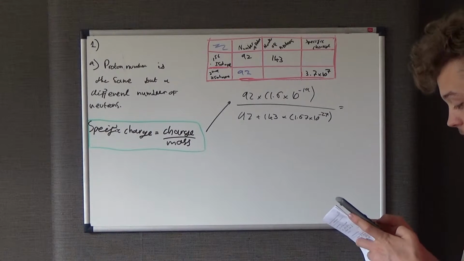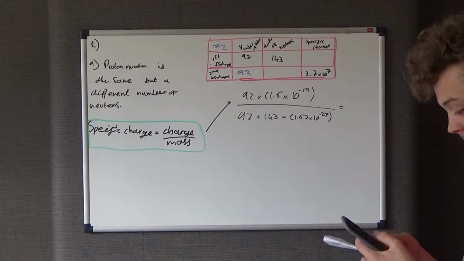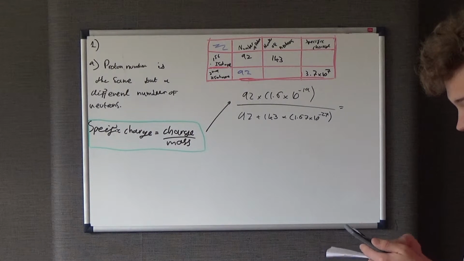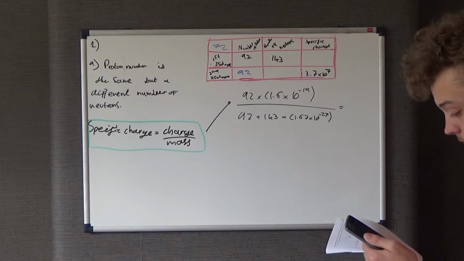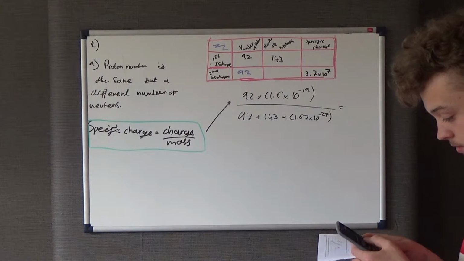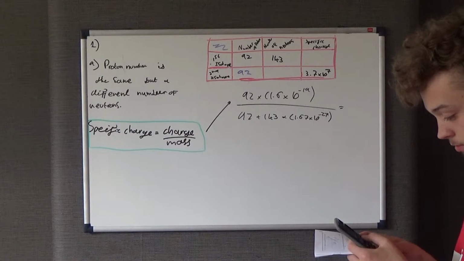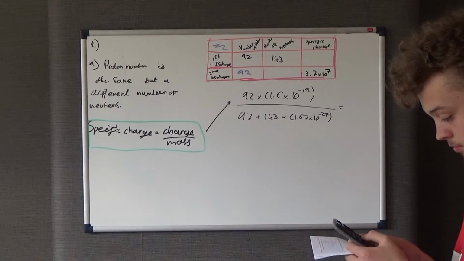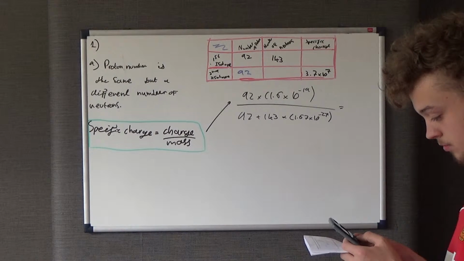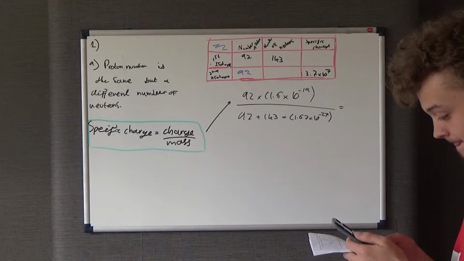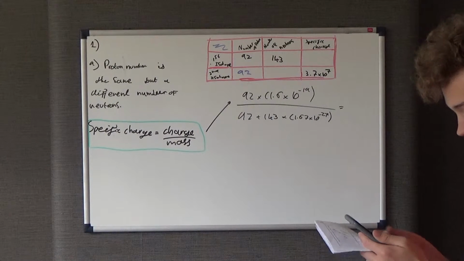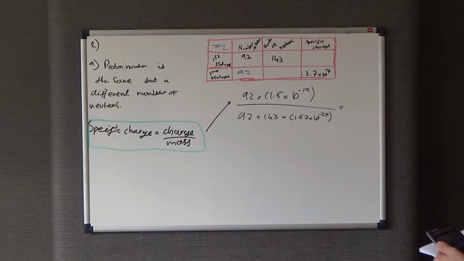7 times 10 to the minus 27. Now I do apologise if this isn't quite right. I don't think it is. Sorry. Yep, that's looking a bit better. Okay.